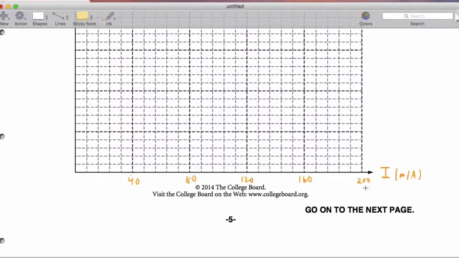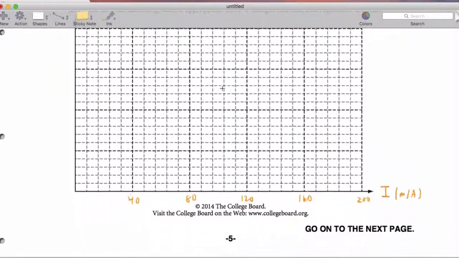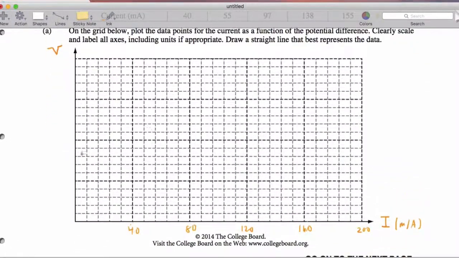And then I'm counting up by 8 on these here. And then for my potential difference, I'm going all the way up to 10 volts. So I suppose I could make this 5 volts and I could make this 10 volts. That means that each of these squares is actually half a volt.